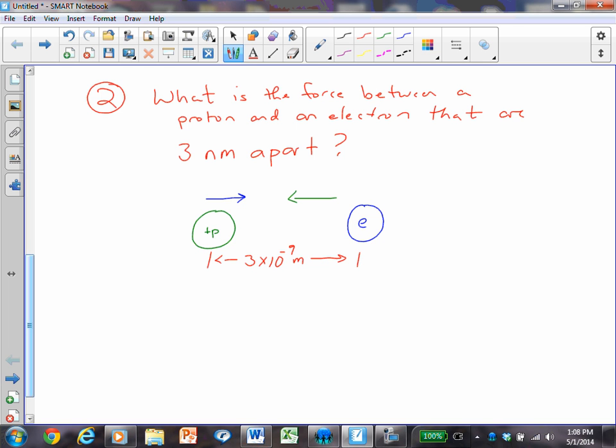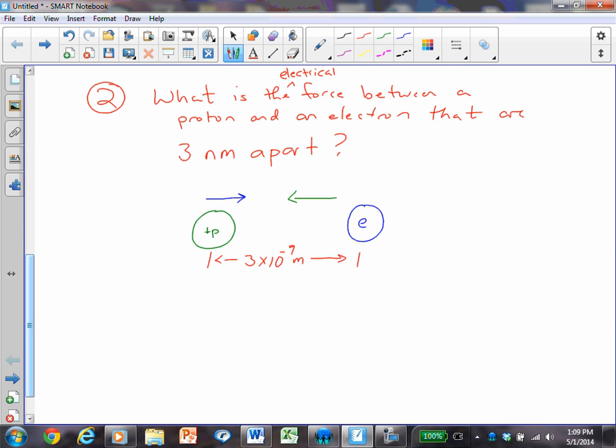And then, of course, the charge on these electrons and protons. Oh, wait a minute. I didn't say what type of force. I should have said what is the electrical force. Because there's a gravitational force too, right?